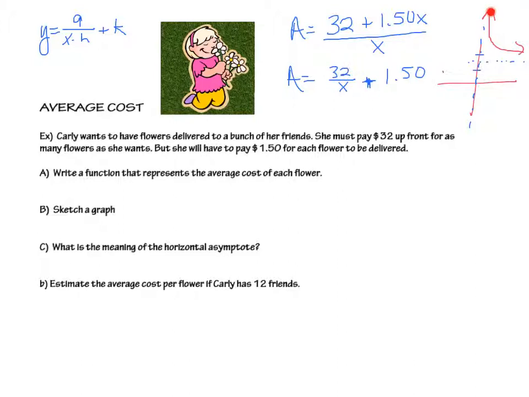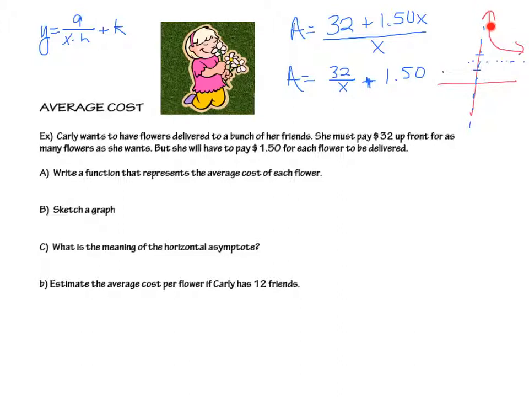So as she delivers more and more flowers, the average cost per flower is going to decrease because that flat fee, that $32, if she only bought one, that one flower cost her $32. But if she bought, let's say 8 flowers, well, then she really only paid $4 for the flower and then had to have the delivery fee.